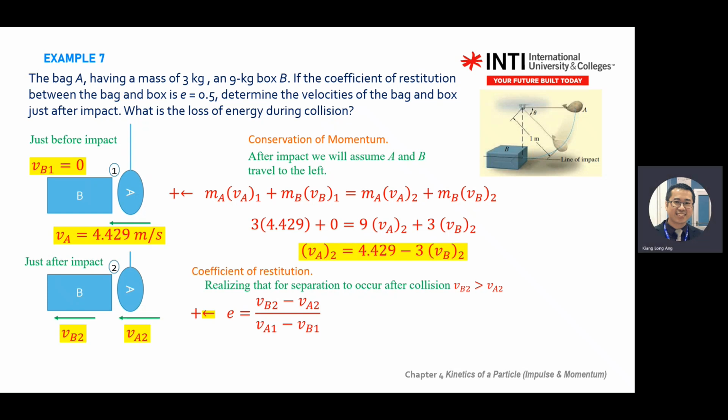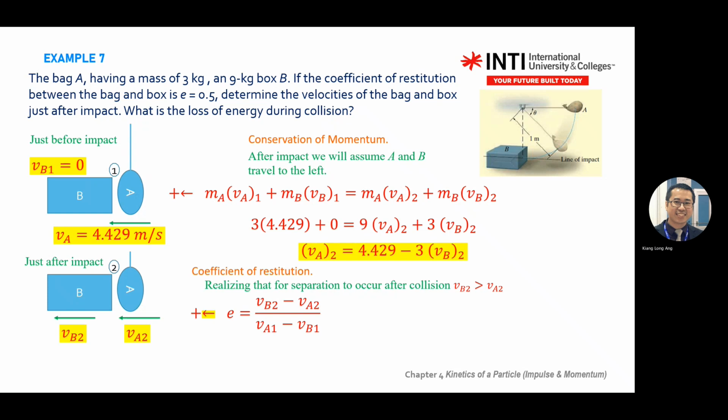But if VB is slower than VA, you cannot use this one. You need to derive from the original equation. Don't assume this one always work. You need to look carefully. Does the object move slower or faster? This case, VB will move faster than VA.